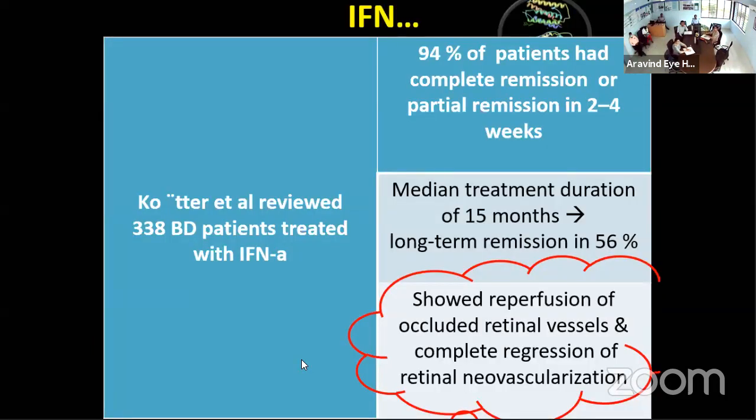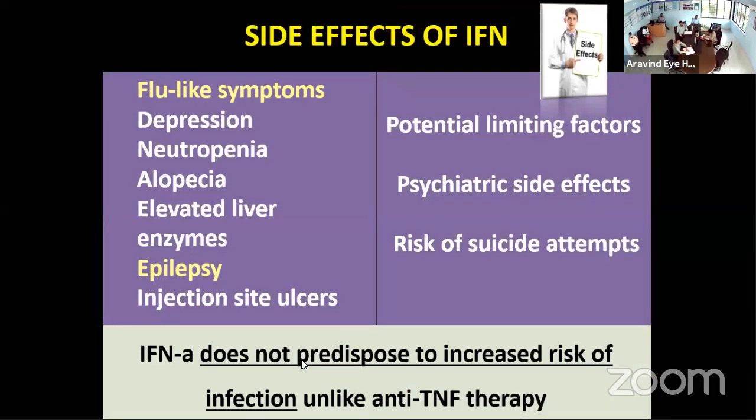Right. This was a beautiful study which showed that these interferons can open up the closed blood vessels and cause a complete regression of the retinal neovascularization. It looks like a magical drug for the initial people who handled it, right? The side effects, of course, can include flu-like symptoms. Whenever you see flu now, with COVID days, we are really worried about it.